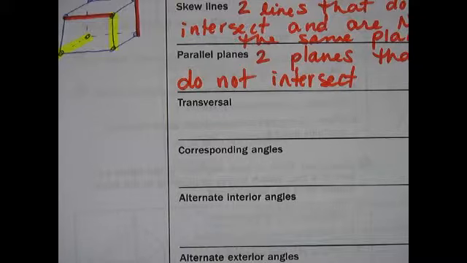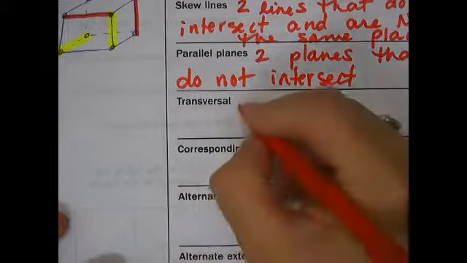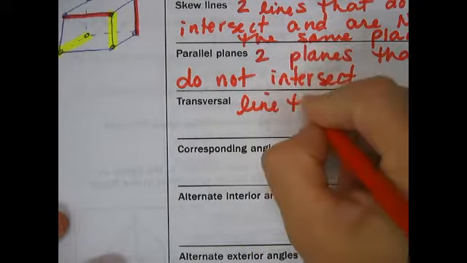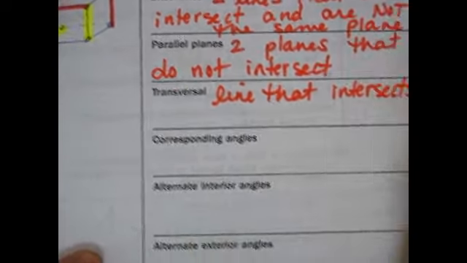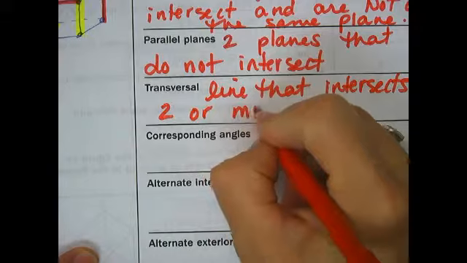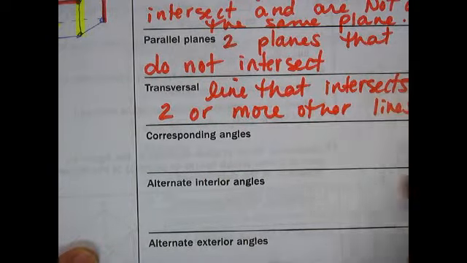Okay, then we get to definition called a transversal. And a transversal is just a line that intersects 2 or more other lines.